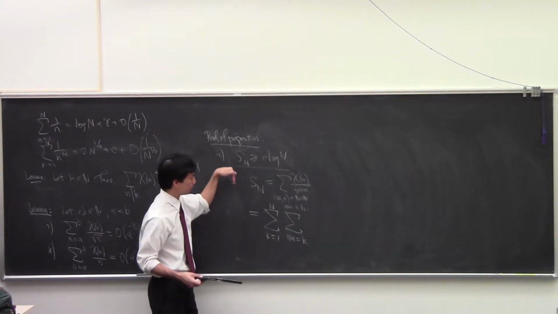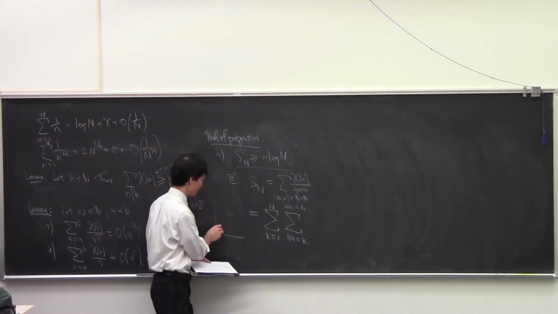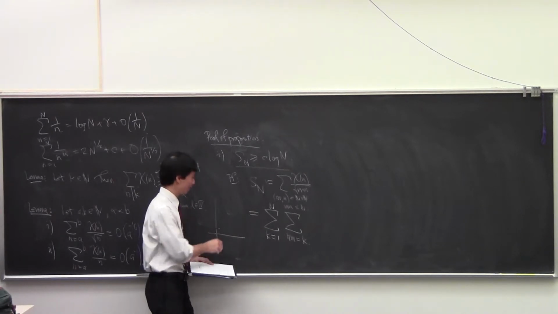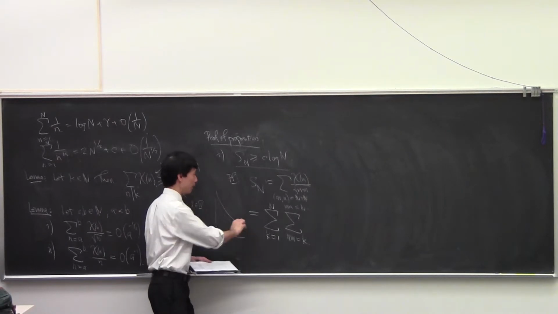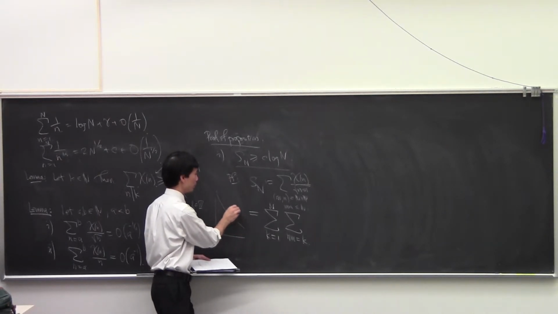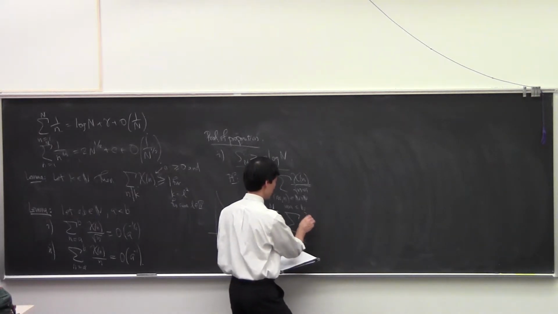The first hyperbola is just a dot, and then you have the rest of them going out to the final nm equals n. So we'll sum along those.